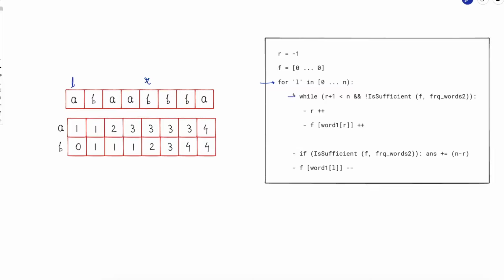For each R, notice that you are calling some is sufficient function, which will simply iterate over every character in this F array and frequency of words to array, and compare it and return true or false, whether this is sufficient or not. So this will take order C time, right?